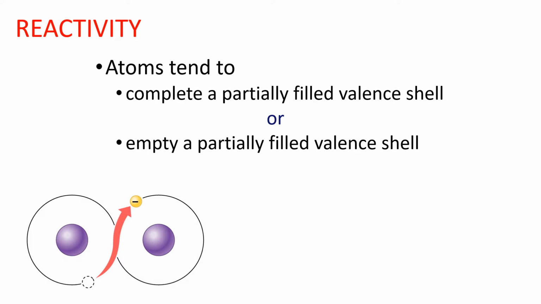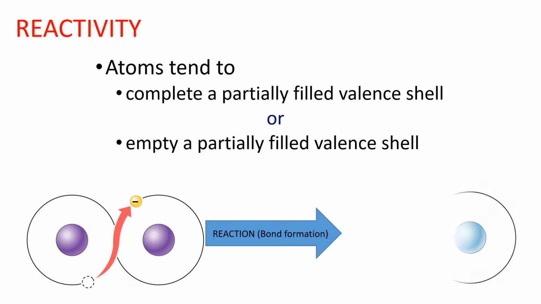You put the two together and they can switch it back and forth, switch it back and forth. And that sharing of the electron is what forms the covalent bond. So these two hydrogen atoms here are quite happy because they both have two electrons in their valence shell. They're sharing those two, but sharing is caring.